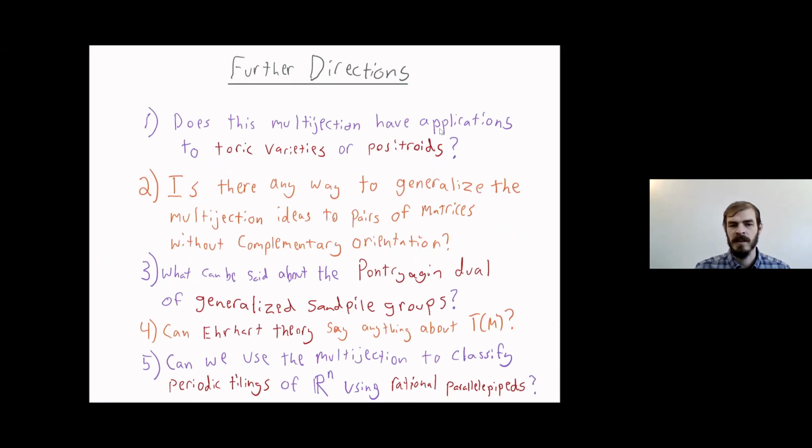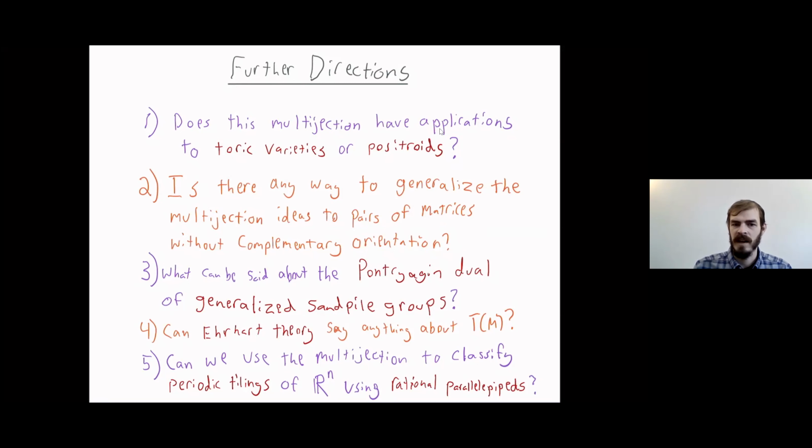So now I have some further directions, and since I have a couple of minutes, I'll briefly talk about these. I mentioned positroids: a positroid and the dual of a positroid are always going to have complementary orientation, so there's something there. Toric varieties, I see them show up all the time. I don't know too much about them, but I know that they use integer lattices a lot, and I'm wondering if there's some connection.